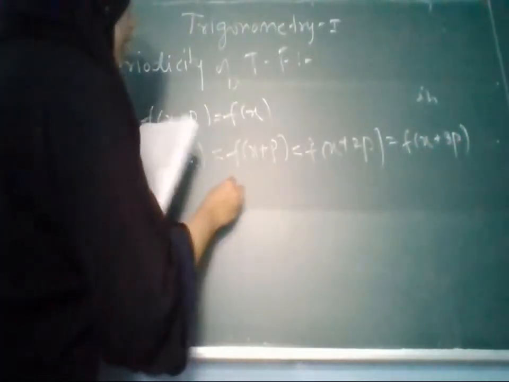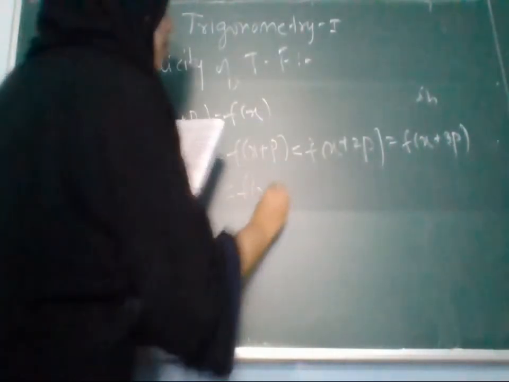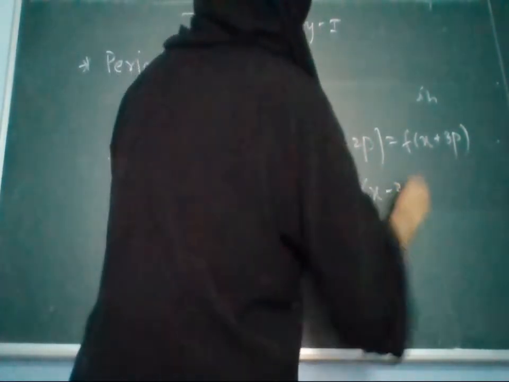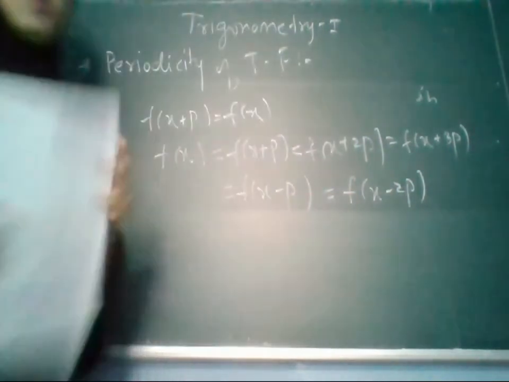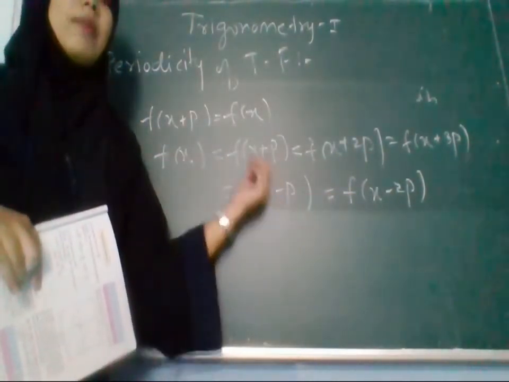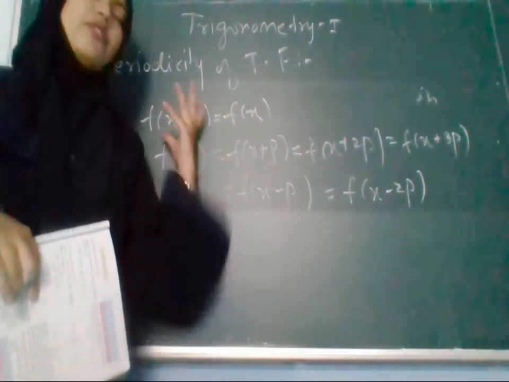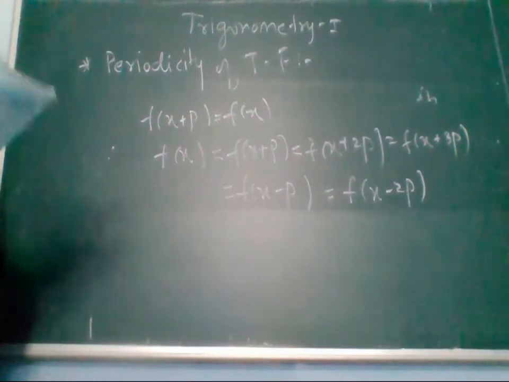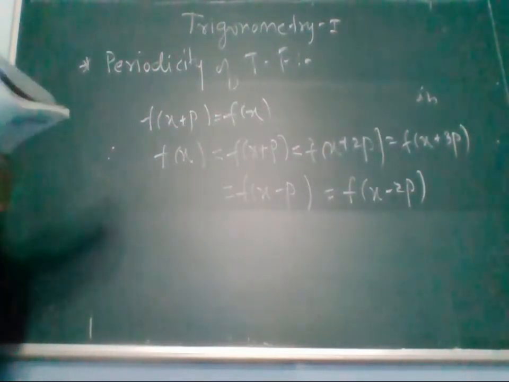And here also it is equal to f of x minus p, which is equal to f of x minus 2p, and so on. So you can add or subtract multiples of p. It will give you the same value. Then your function is said to be a periodic function with a period p.